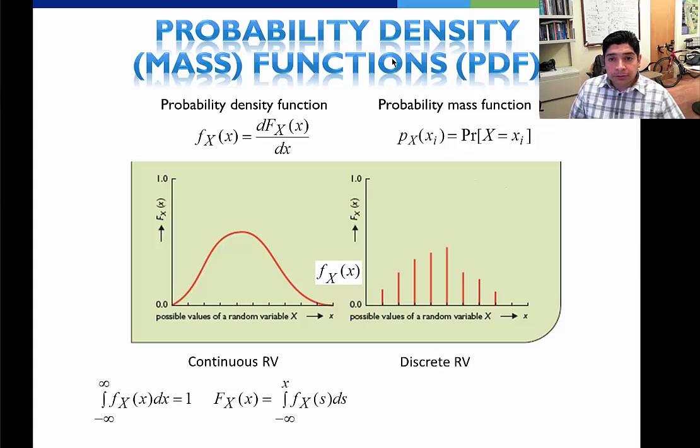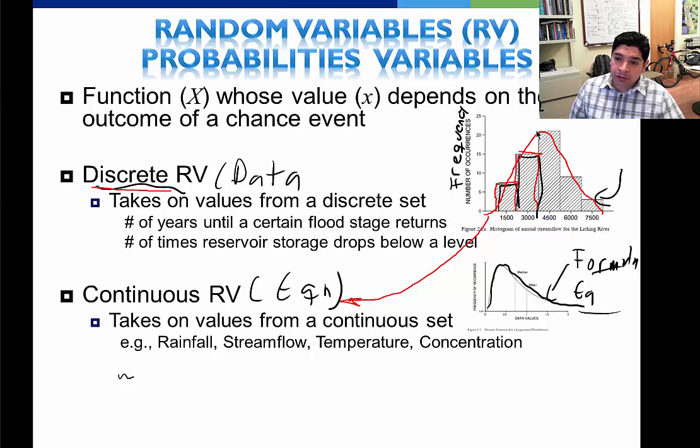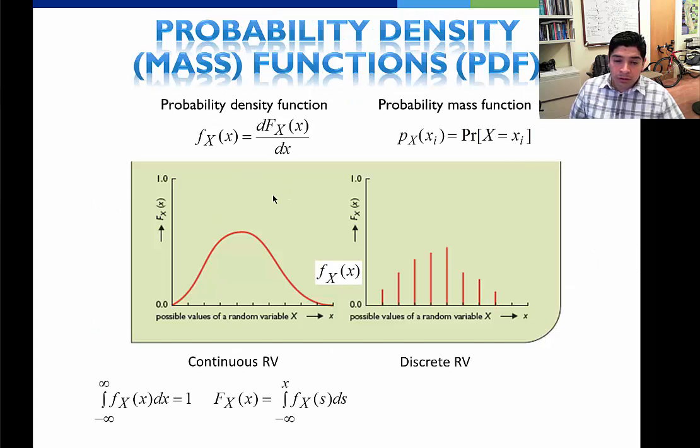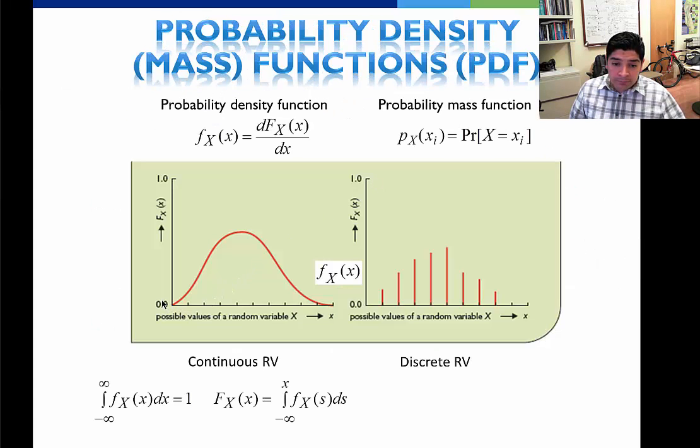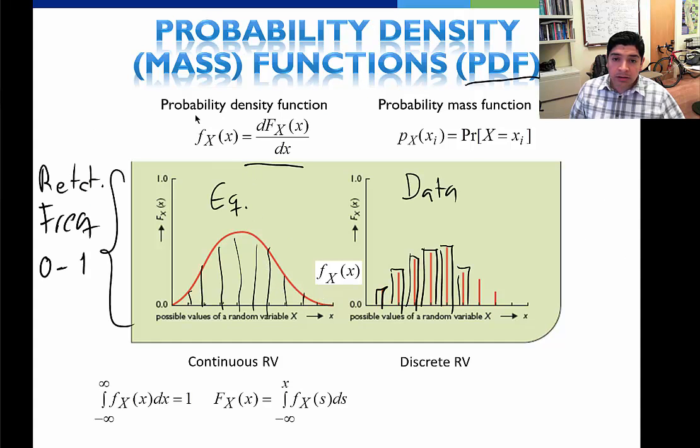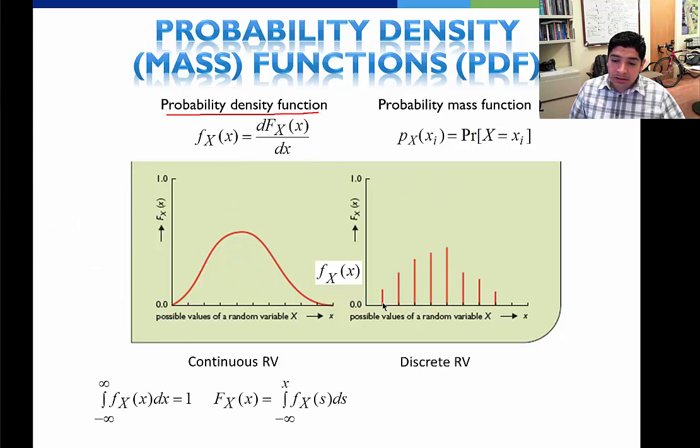Now we have two different ways of seeing this. When we do it in terms of how frequent, we're counting how many times this happens. When we do it in terms of probability, and it is composed by a line, this one we call PDF, probability density function. If it is composed by a series of bars, as the one we were seeing before, we call this a probability mass function.